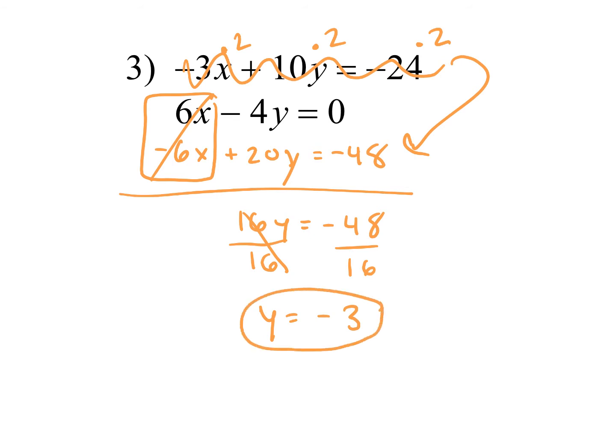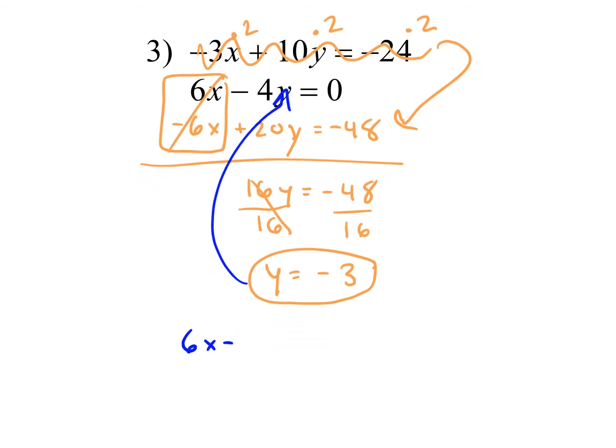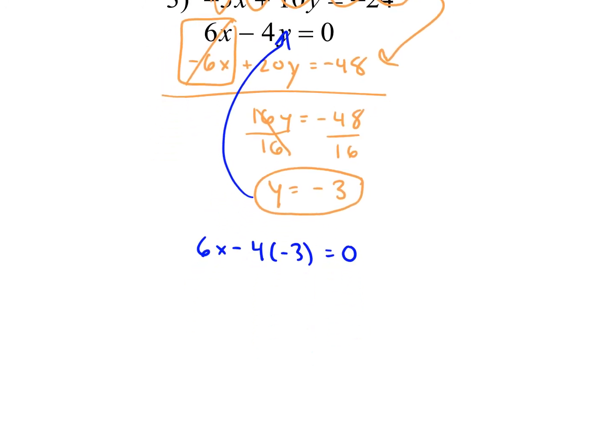How do I find x? Plug it in. Do you want to plug it into the first or the second? Sure, let's plug it into the second. Just make sure you plug it in for y. So I have 6x minus 4 times negative 3 is equal to 0. What should I do first to solve? 6x plus 12 equals 0.